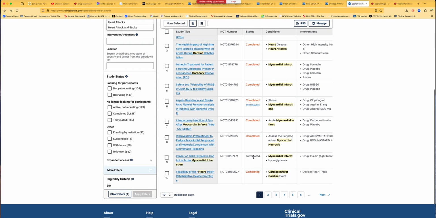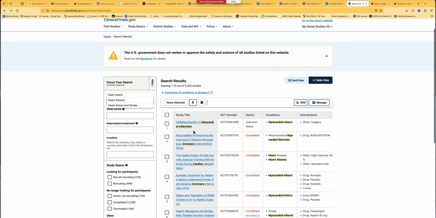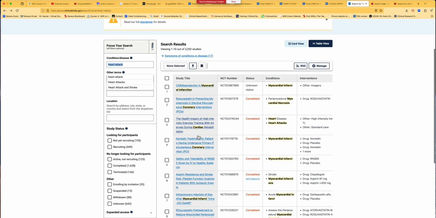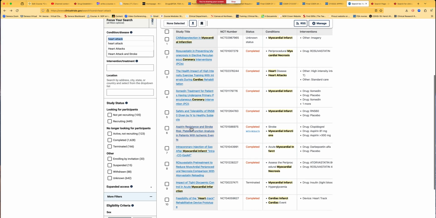We have studies that have been terminated, those that are recruiting as well, and this is how you will be able to see which study has which status, what the disease condition in subjects is, and then what the intervention is. Now I'm going to choose the study which is aspirin resistance and stroke risk.